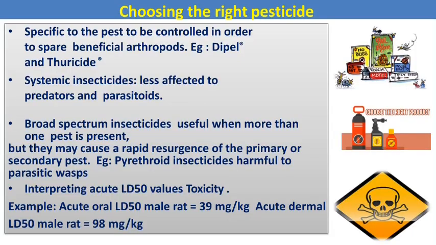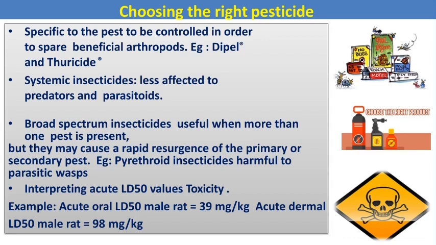In choosing the right pesticides, the insecticide should be very specific. If the insect has chewing and biting type mouth parts, we can use stomach poison insecticides. If the insect has piercing and sucking type mouth parts, we can use different systemic insecticides.